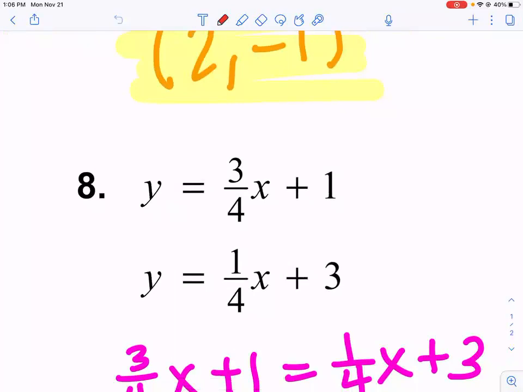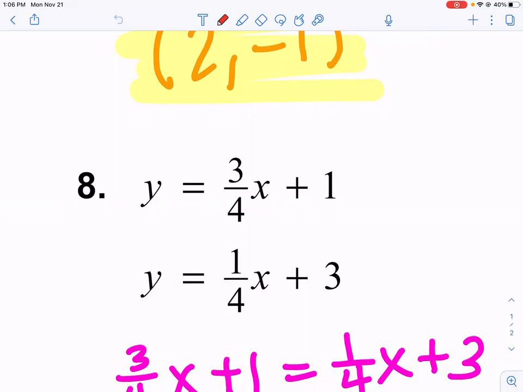Okay. Can we agree that y equals y? Yes. Okay. So 3/4 x plus 1 equals 1/4 x plus 3. Do we agree? Yes. Okay. We need our x's to be together. So what we can do is subtract 1/4 x from each side, right? Amelia, what is 3/4 minus 1/4? 1/2.